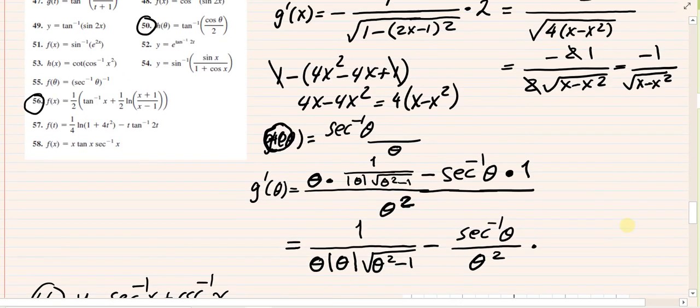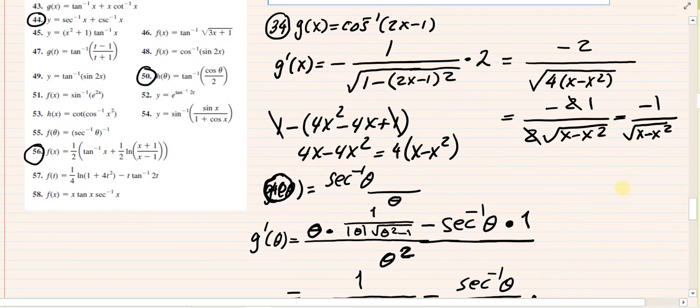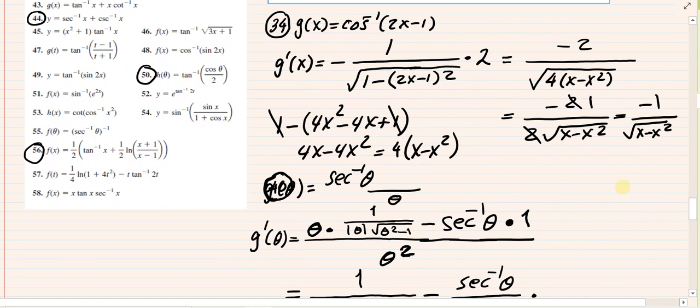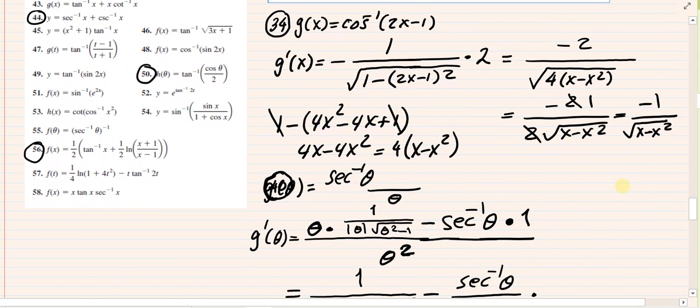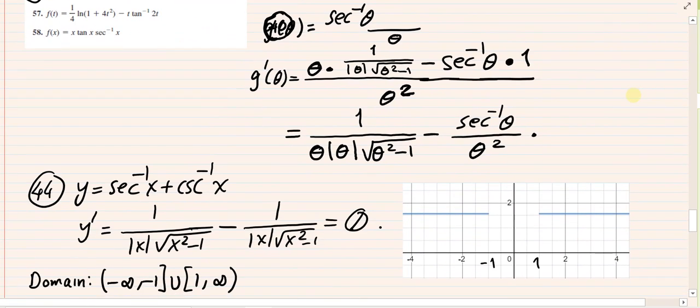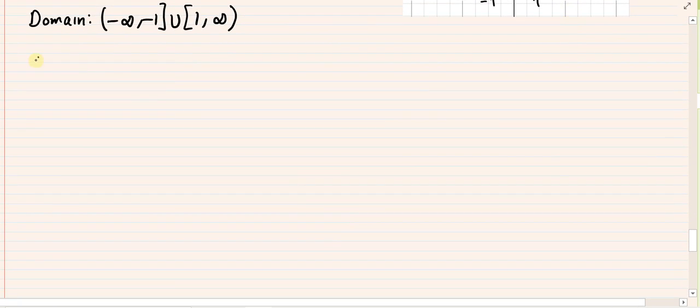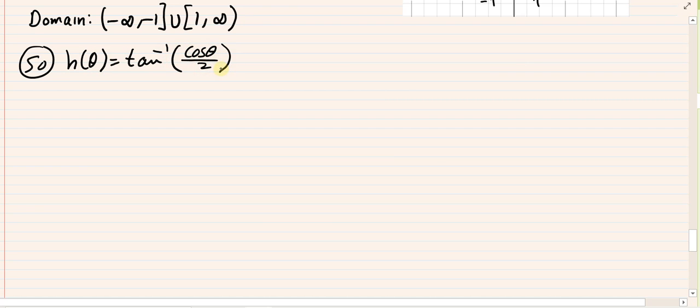Okay, so that's number 44 for us. In number 50, let's take a look at that one. We want to do arc tan of cosine theta over 2. Number 50, h of theta is going to be arc tan of cosine theta over 2. Again, notice I mentioned arc tan.